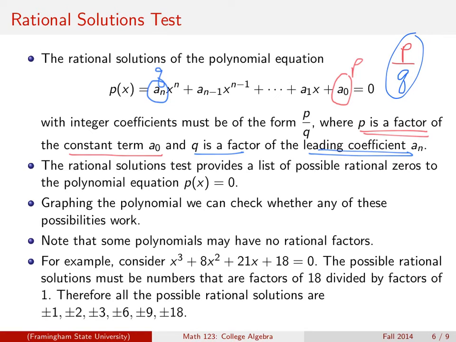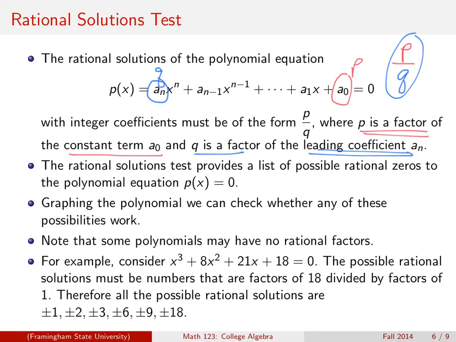So there's actually many possibilities, but this is a nice way to look at good possible candidates, rational candidates that could be roots or zeros of this polynomial equation. So the rational solutions test or rational roots test provides a list of possible rational roots or zeros or solutions.